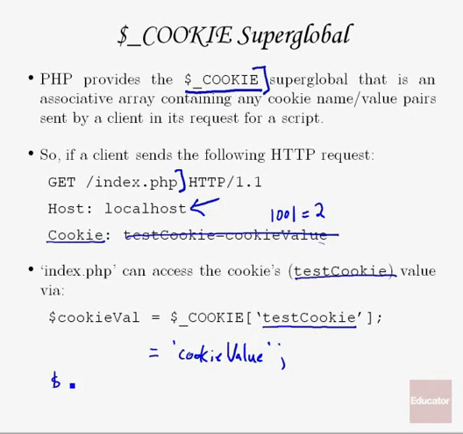So now we could say quantity equals the cookie value for item 1001, and what that's going to do is look for a cookie named 1001, which, assuming we pass it along, is going to load that value, which is equal to 2, and so now we're going to know the quantity of that item in our particular cart.